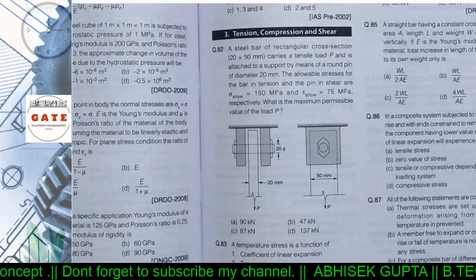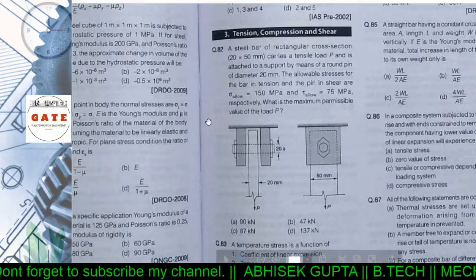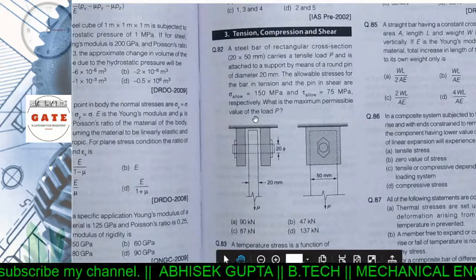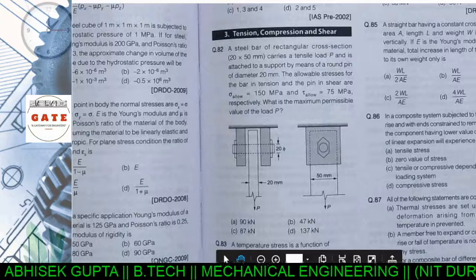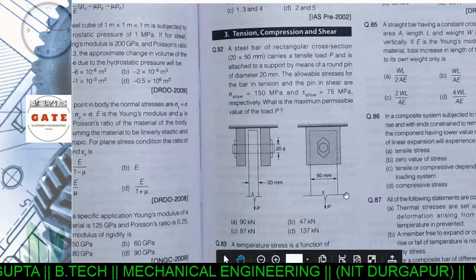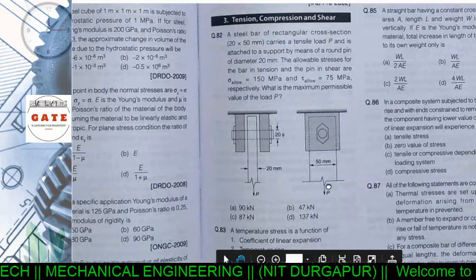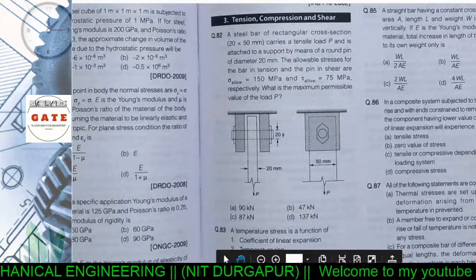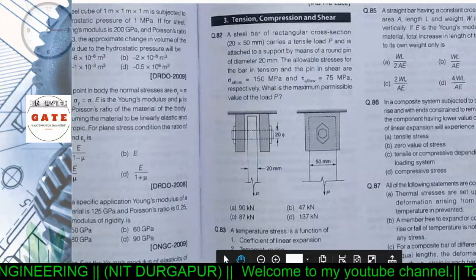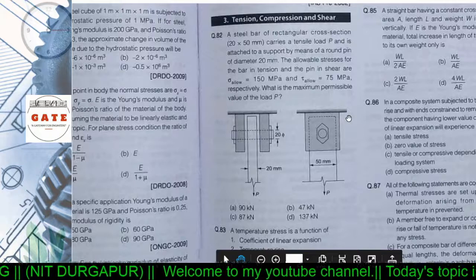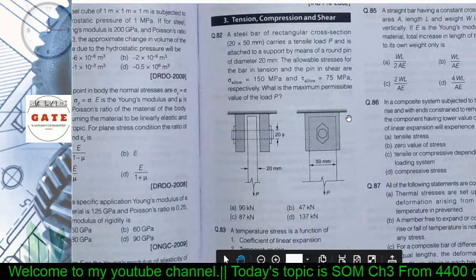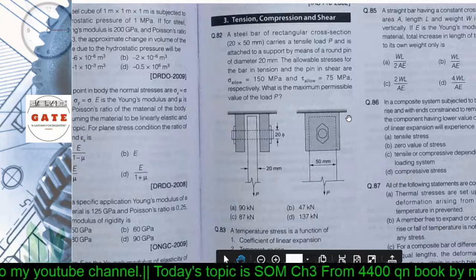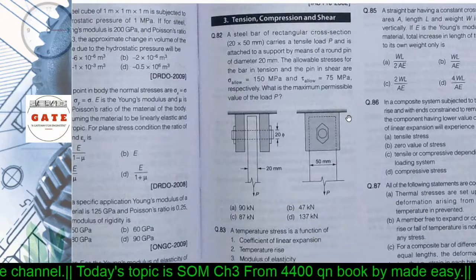So let's move on to solve a question. Question number 82, chapter 3. Please comment your answer as we solve the questions. Tension, compression, shear, first question. A steel bar of rectangular cross section 20 cross 50 carries a tensile load P and is attached to a support by means of a round pin of diameter 20 mm.